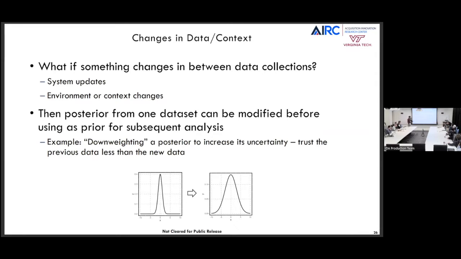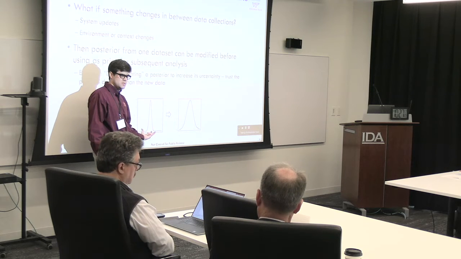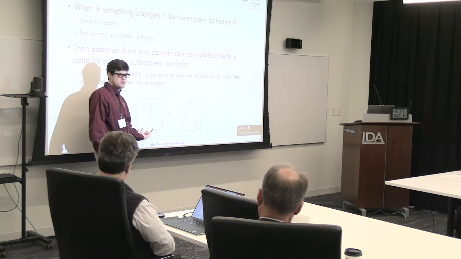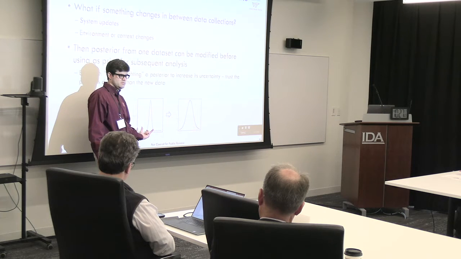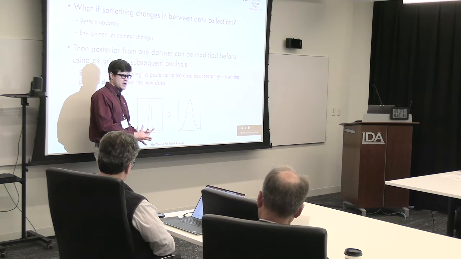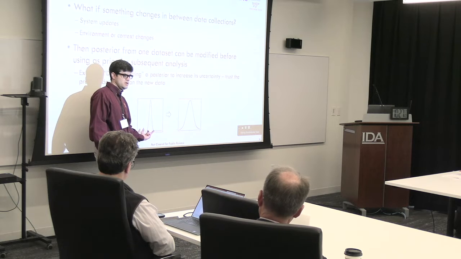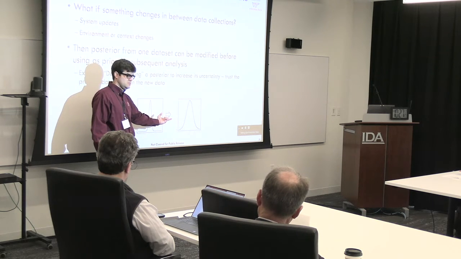A really simple idea is downweighting. If we get a posterior that looks like this, we could say, I believe this posterior from DT, like we've tested it a lot. I believe this estimate. But now we're going to go to OT, and the environment's going to be a little bit different.